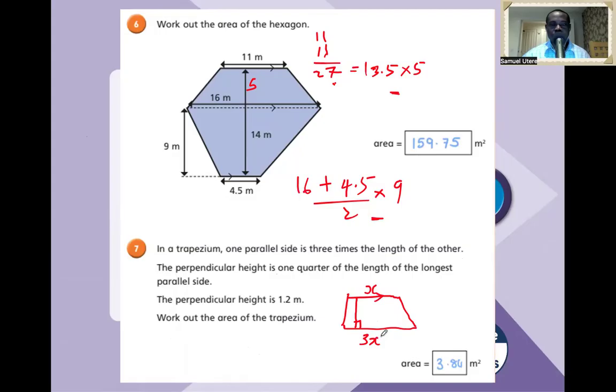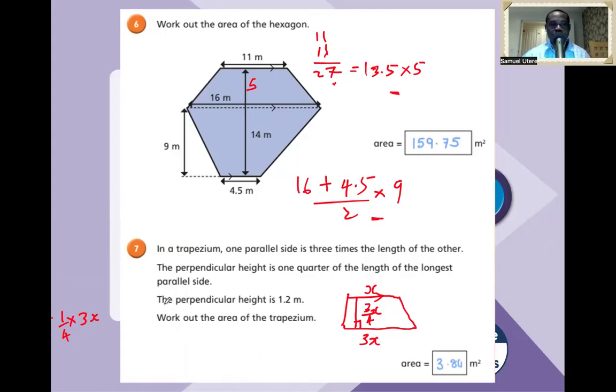So the length of the longest side is 3x, so 1/4 of 3x is 3/4 x. Because if it's 3x, 1/4 of it will be to divide by 4 and to times by 1. Yeah? So it's 3/4 x.